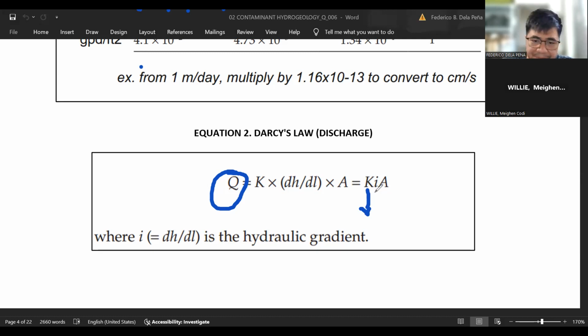You can imagine that the steeper the gradient, the faster the velocity. Therefore, this discharge is just equal to hydraulic gradient multiplied by your hydraulic conductivity and then multiplied by the cross-sectional area of the flow, or basically the cross-section of the flow front.